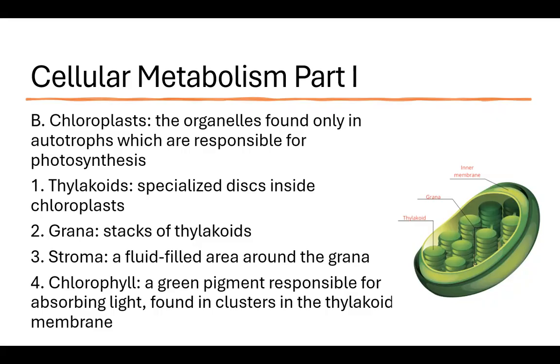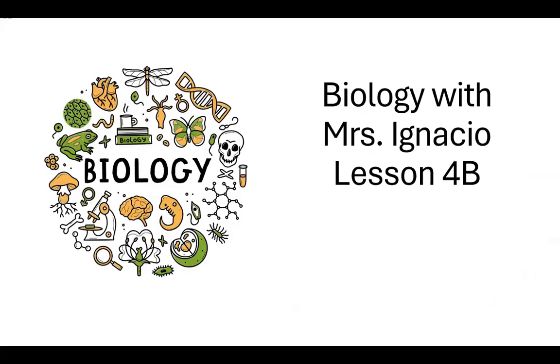The grana are stacks of pancakes, and the stroma is the maple syrup. Chlorophyll is a green pigment responsible for absorbing light, and it is found in clusters in the thylakoid membrane. All right, that concludes lesson 4A.